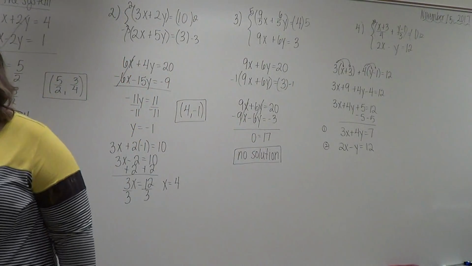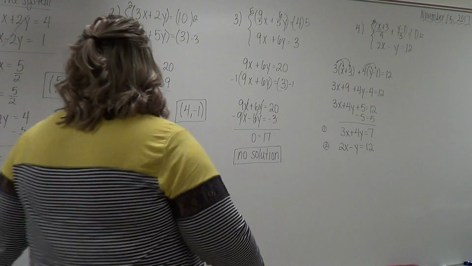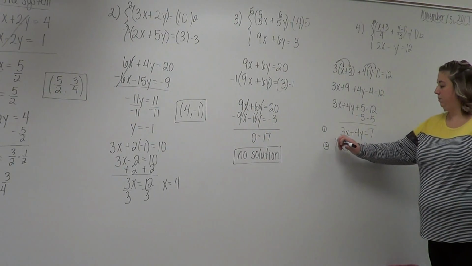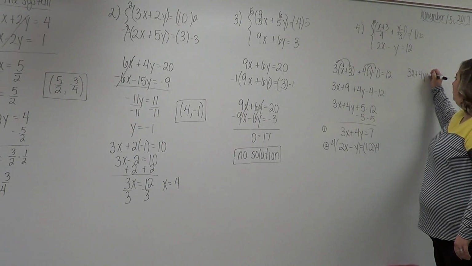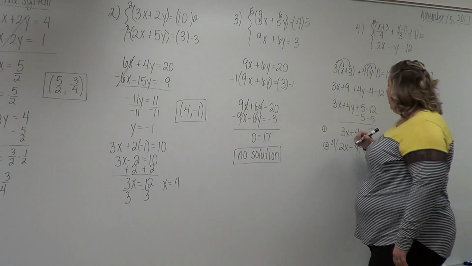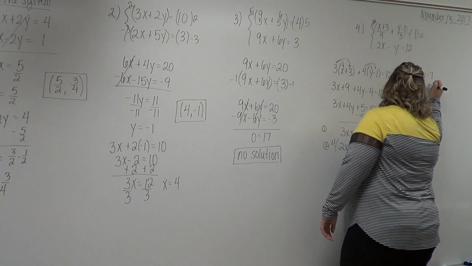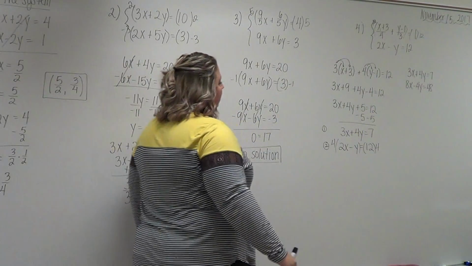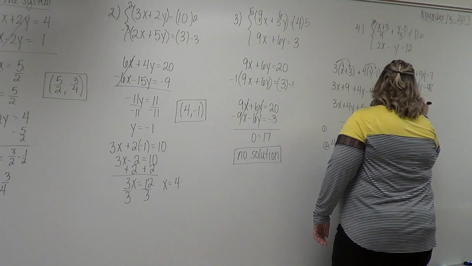So what are we going to do to solve? Multiply the bottom one by 4. So this would be 3x plus 4y equals 7. And the bottom would be 8x minus 4y equals 48. The y's cancel. So I'd have 11x equals 55.